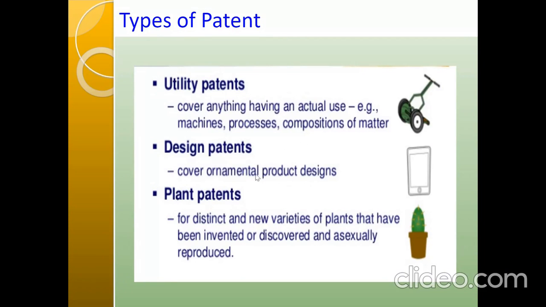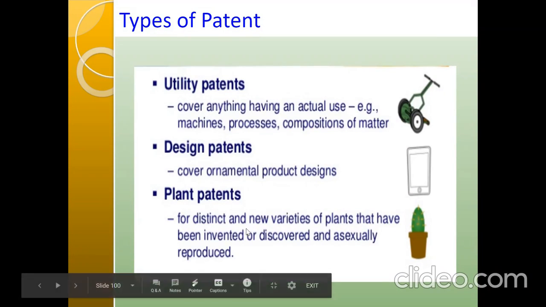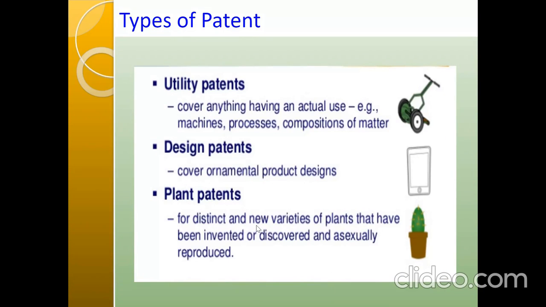Design patents cover ornamental product designs. They include original or ornamental design for a manufactured product. Plant patents are for distinct and new varieties of plants, a kind of plant which is capable of reproduction. So these are the types of patent.